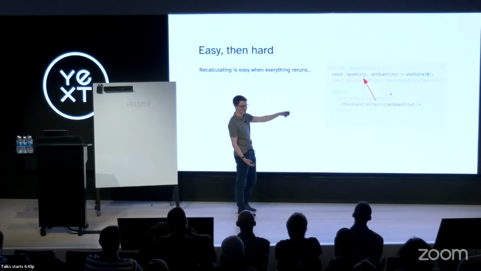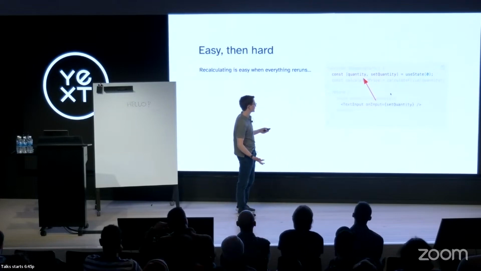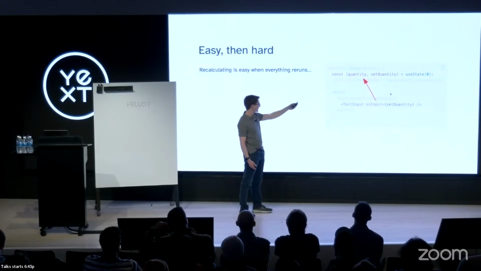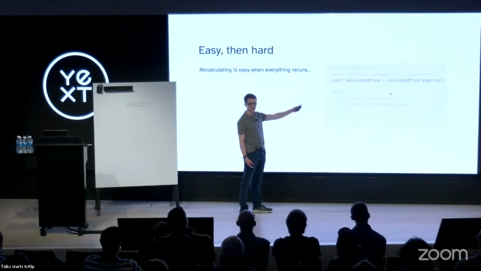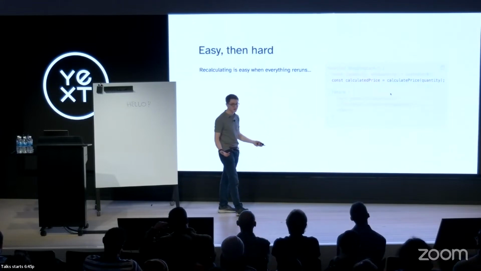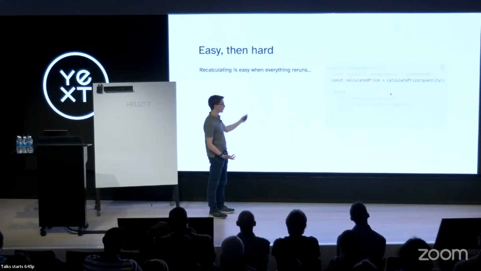And calculated price is a utility function. So when you update with that text input, it'll change this state, which triggers the whole function to rerun. So calculated price will also come back with the new value to display in the UI. So all pretty simple, right? If you just want to calculate one based on another, you just write a new variable and you run your function.